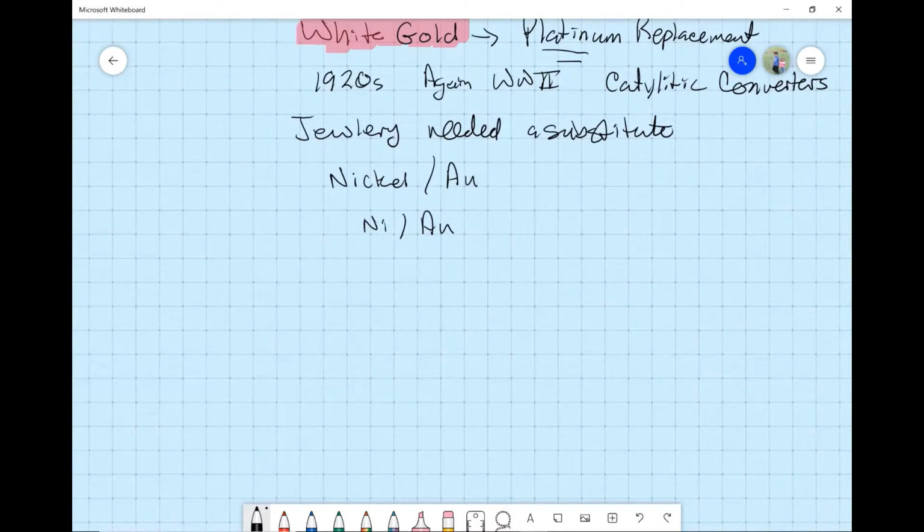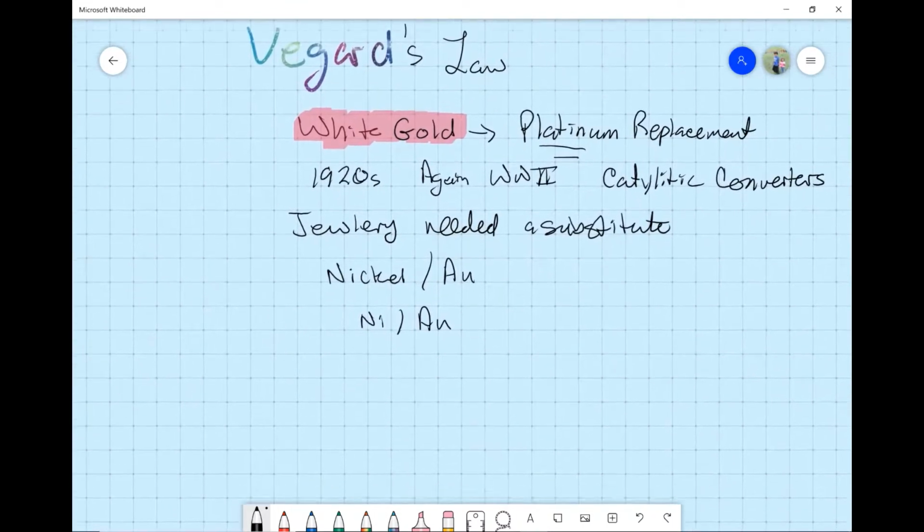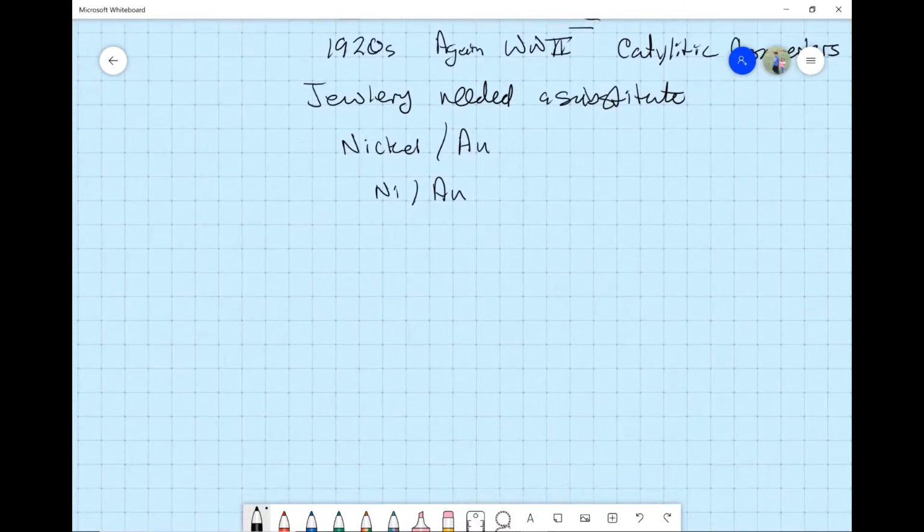And so if you want to use Vegard's law, we said on that previous slide that there's a linear relationship between lattice parameter and composition, and you can plot it this way. 1, 2, 3, 4, 5, 6, 7, 8, 9, 10. I'm trying to get even dividers.